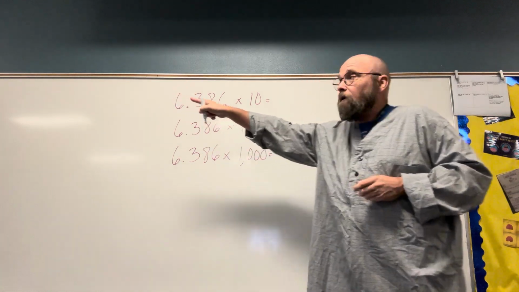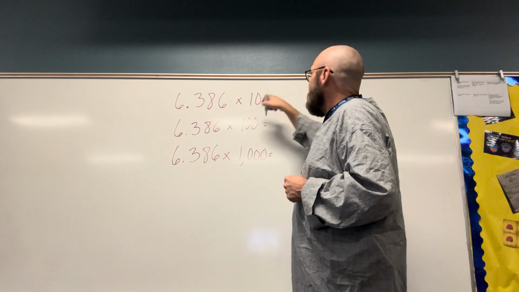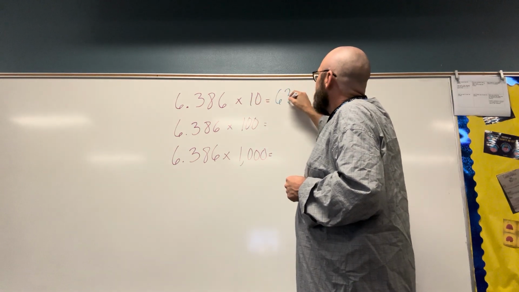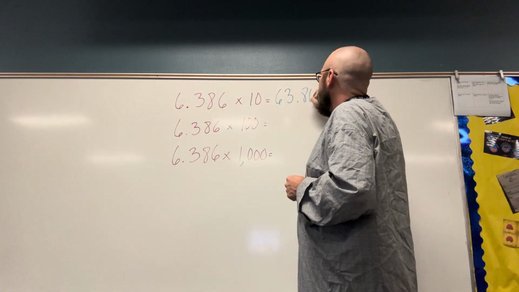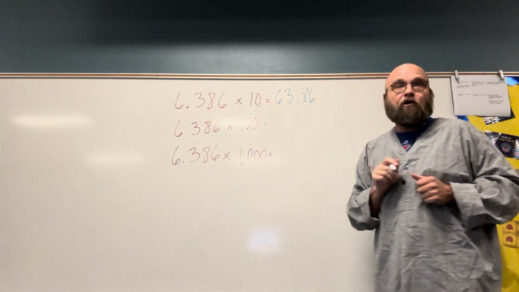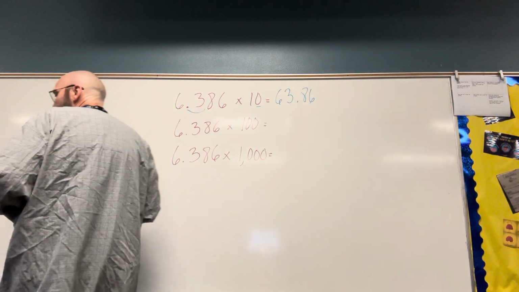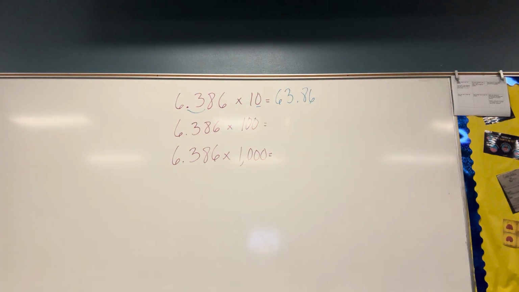So when you did 6 and 386 thousandths times 10, you should have gotten 63 and 86 hundredths. Because I have 1 zero in my 10, I'm moving the decimal point one place to the right. It's 10 times bigger than it was.